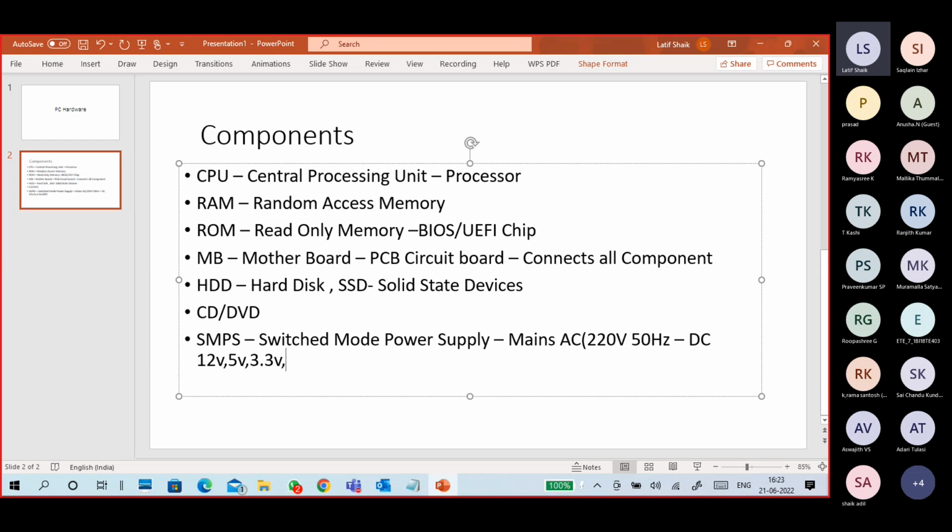Of course, there is a ground or zero also. Plus and minus both are there.